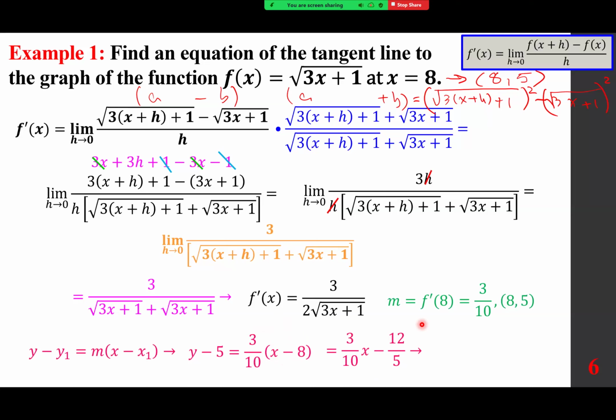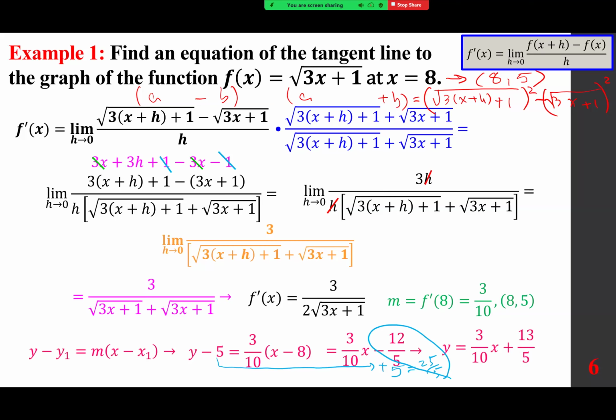And you drop a common factor of 2. And now you have negative 5 here, everybody. We are going to move that, make it plus 5. And 5 is 25 over 5. These two add up to 13 over 5.